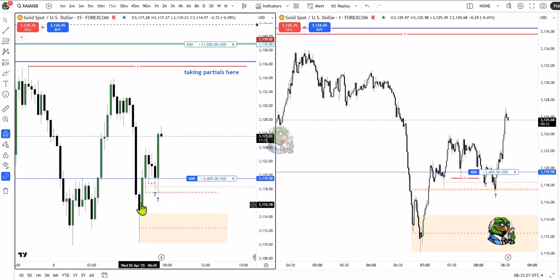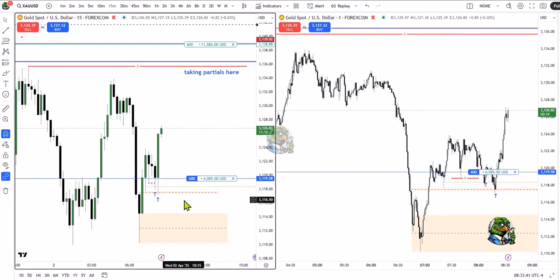So we've moved up, then had a pullback that has eaten into this up move, and come into this fair value gap, which is a discount PD array. So that's discount, and the closure of this down candle, this gap, is premium.